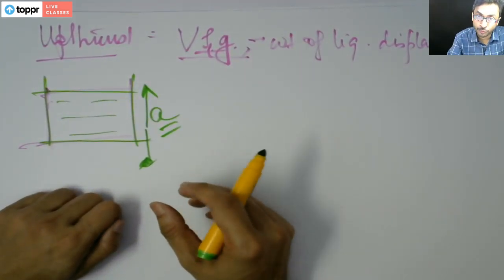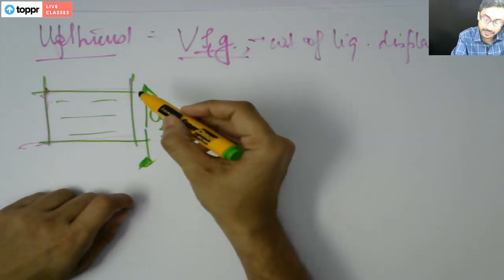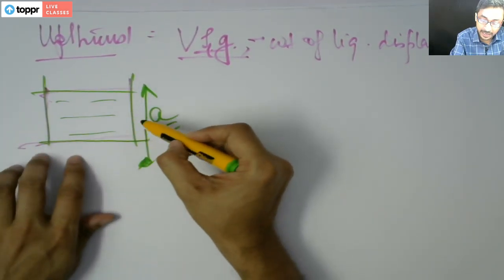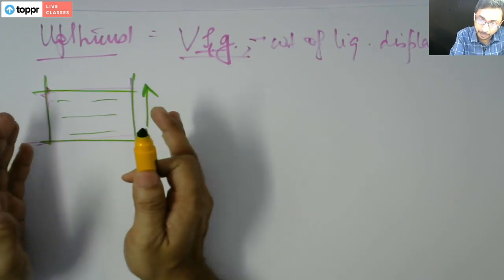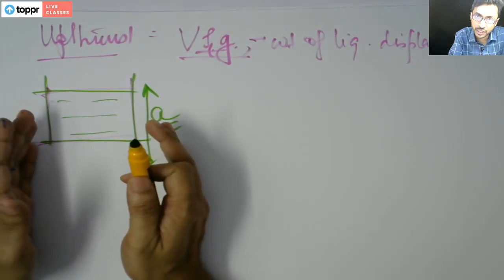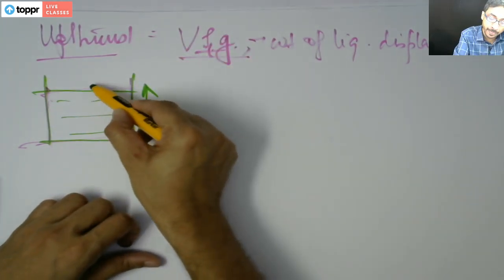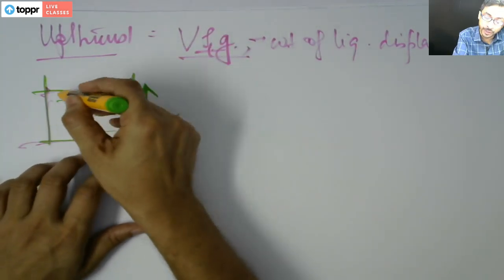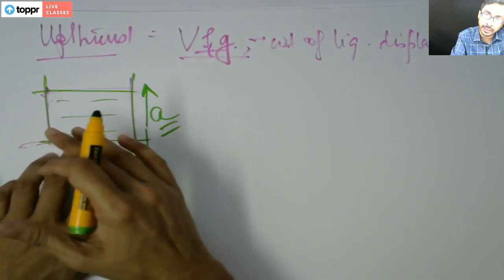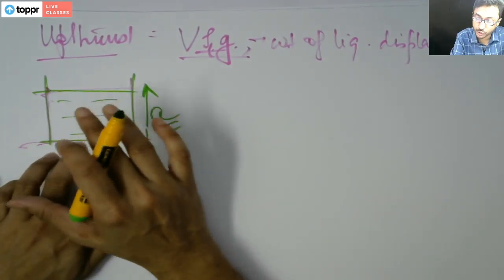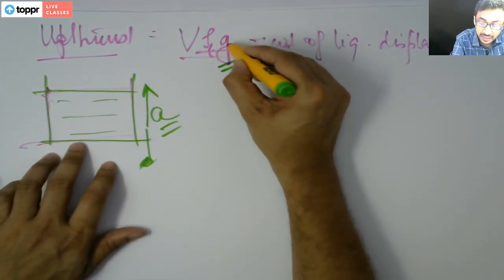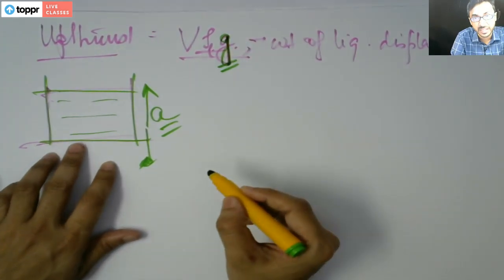Now you know from your previous knowledge that if a body is in a non-inertial frame, moving with an acceleration, then all the constituents within it get affected by a pseudo force, which finally will affect the acceleration due to gravity.